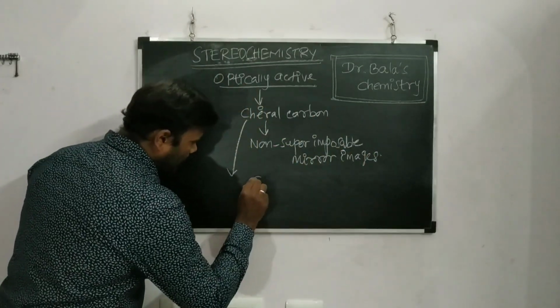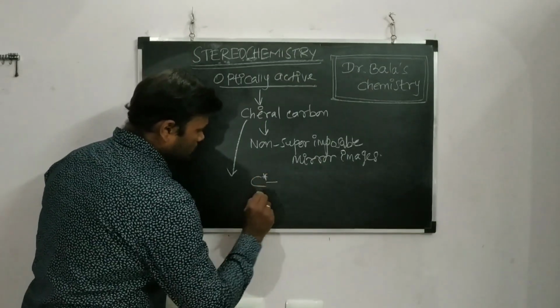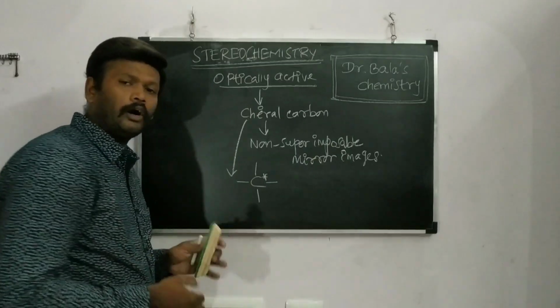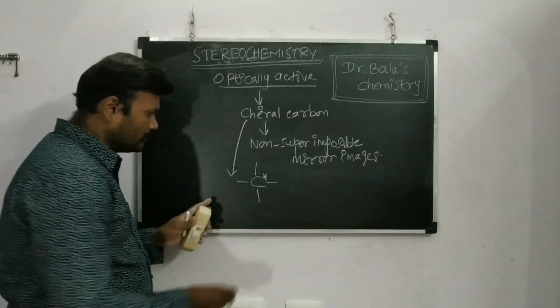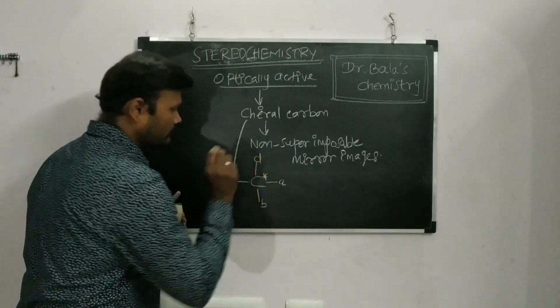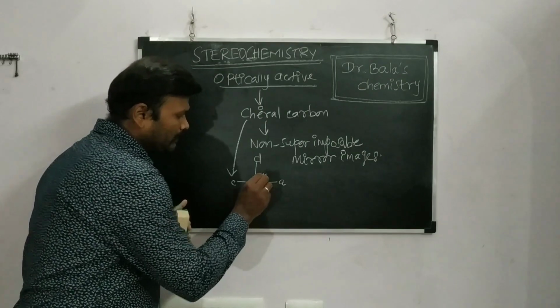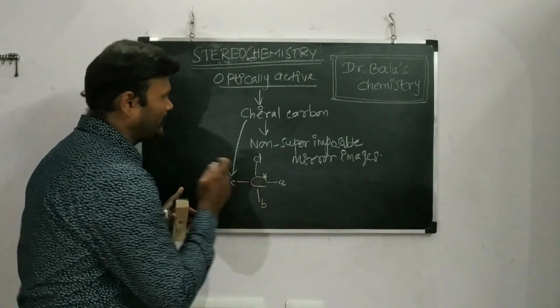If a carbon is a chiral carbon, the valency of carbon is 4, that you know very well. Now, if it is attached with 4 different groups, this carbon is called a chiral carbon, or otherwise a stereocenter.